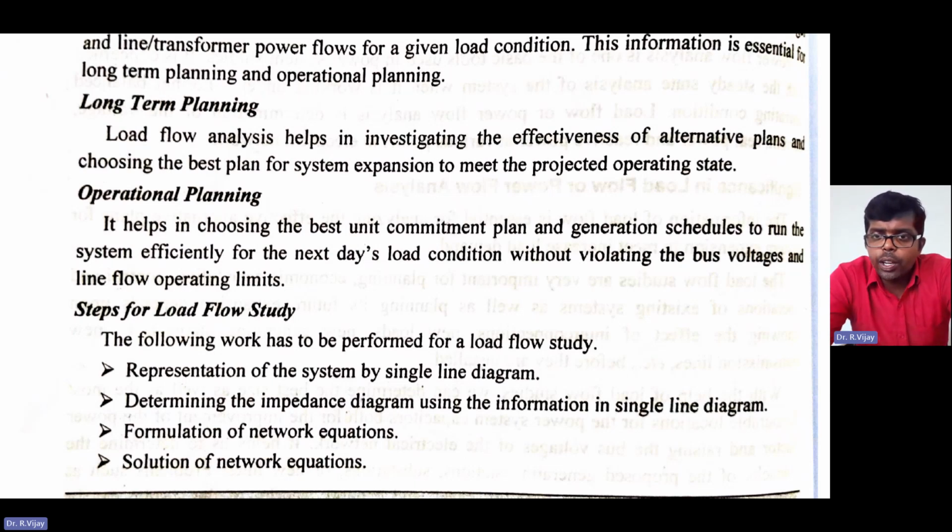Approximately a next day schedule, because if you monitor how today's load is varying, and compare it with the previous year, the same load will be there. So if you compare, approximately you will know. Based on that, you need to generate, commit the generating units, and schedule the particular generating station, so that there will not be any interruption.